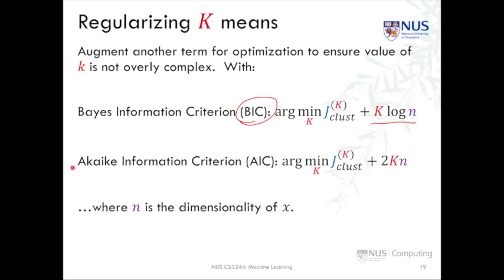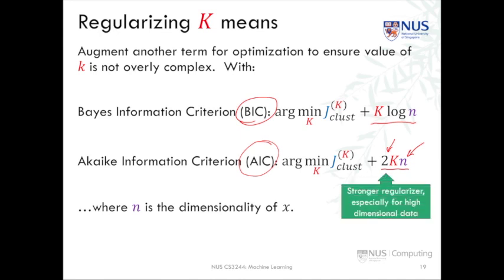Another popular criterion to augment k-means is Akaike information criterion, or AIC. It's very similar to the BIC, except that it produces a heavier penalty by weighting the penalty twice as much and strengthening the penalty for data sets that have a large dimensionality. So the AIC is a stronger regularizer, especially for high-dimensional data, because of this difference between log n and n.